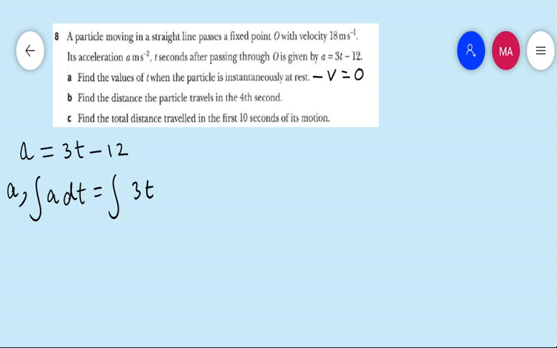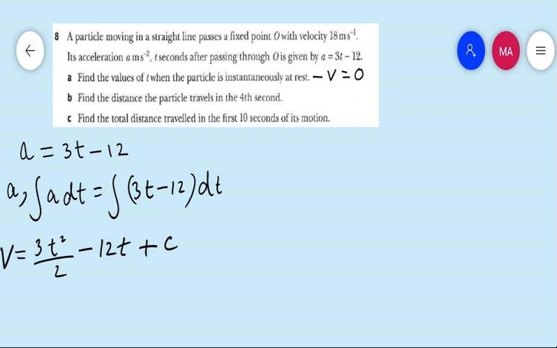Integrate 3t - 12 dt. The integration is 3t square upon 2 minus 12t plus c. This is v.